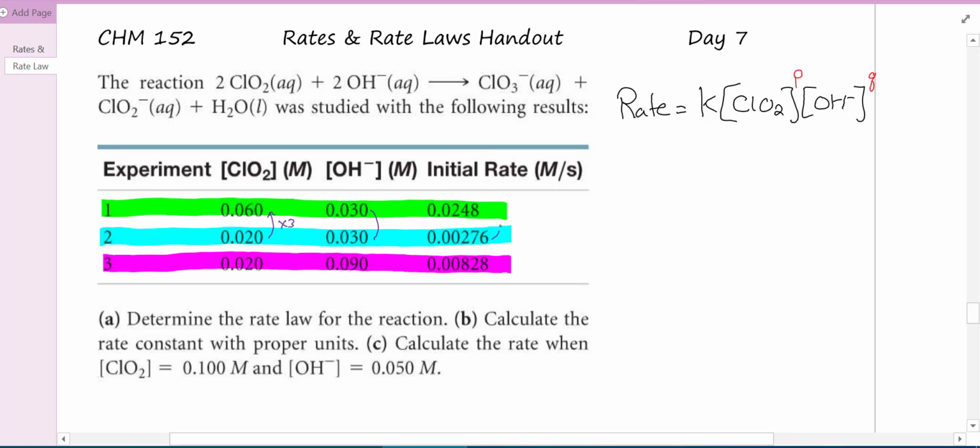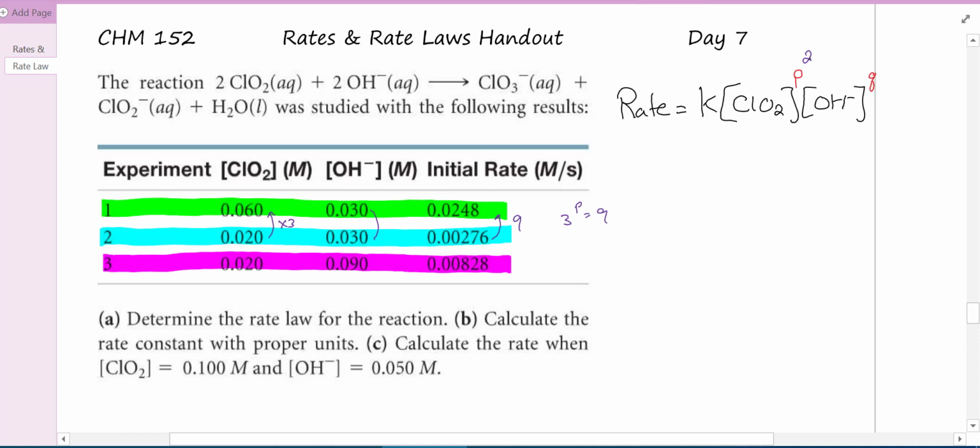What happens here? Well, that's 0.0248 divided by 0.00276, and that gives me 9 times, basically. So that gives me 3 to the x, or excuse me, in this case 3 to the p, equals 9. So p is going to be 2. That's what's going to happen. So p will be 2.